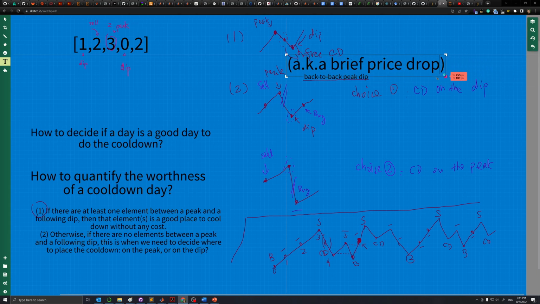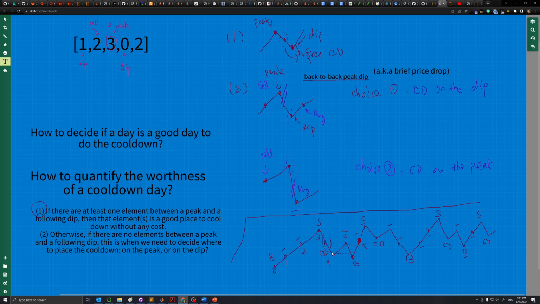These brief price drops are going to be killing us, because that is where any cooldown action needs further justification. That is where we need to really worry.